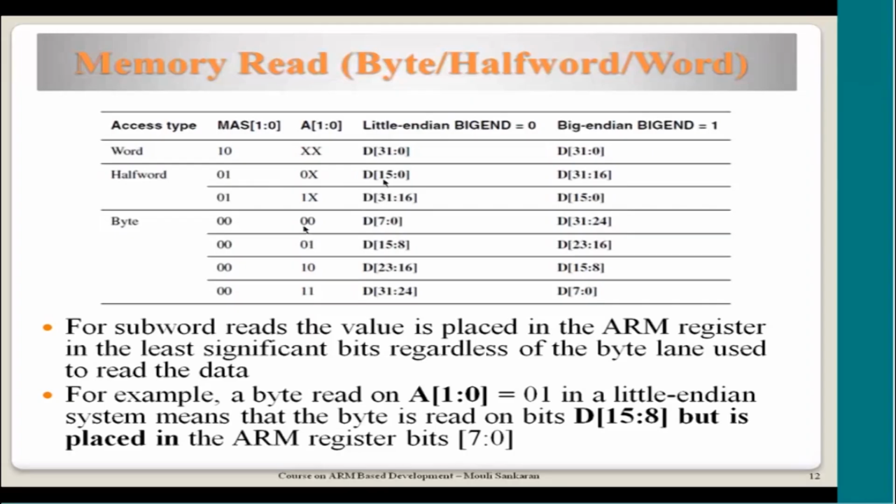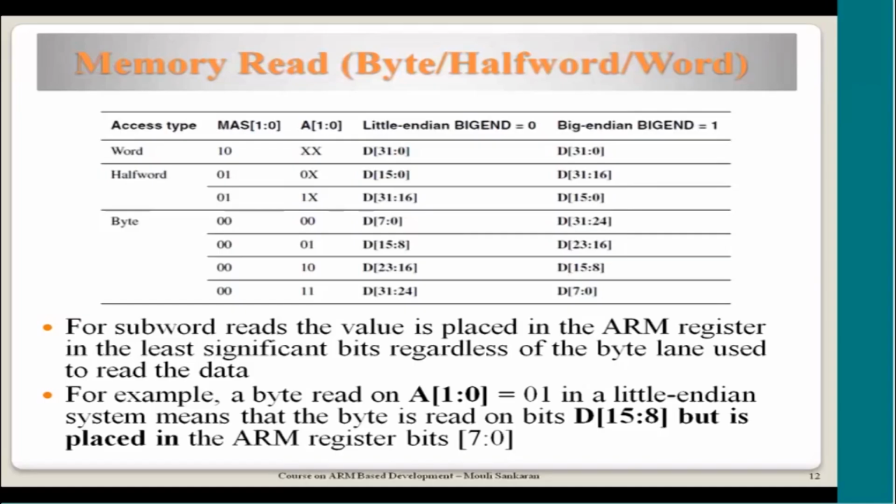If it is little endian, the LS byte will come from this part of the memory, whereas on a big endian machine, a lower byte will come from the MS byte, because it is stored at a higher address.